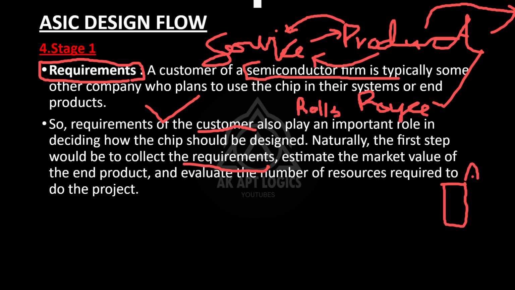All these things will be done, and all of them should be related to the market value. What is that market value? iPhone has a huge market value, and Samsung also has a huge market value. What if a company that does not have that much market value takes feedback from the customers and adds it? The end product may cause a loss to them, because the company doesn't have that much market. Even if they take requirements from the users, if the budget is more, it means the cost will be high.